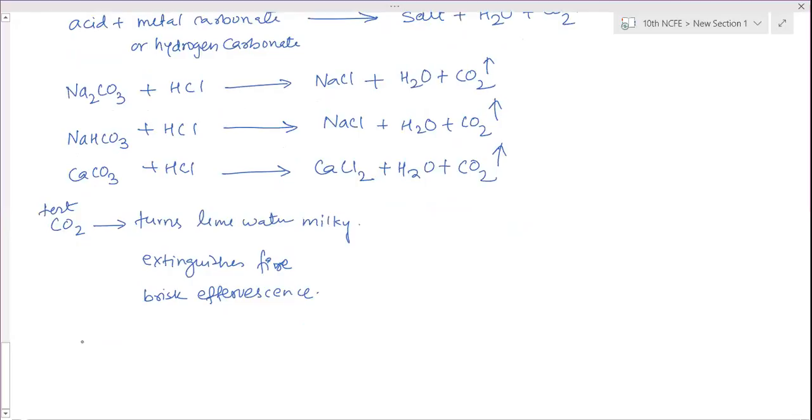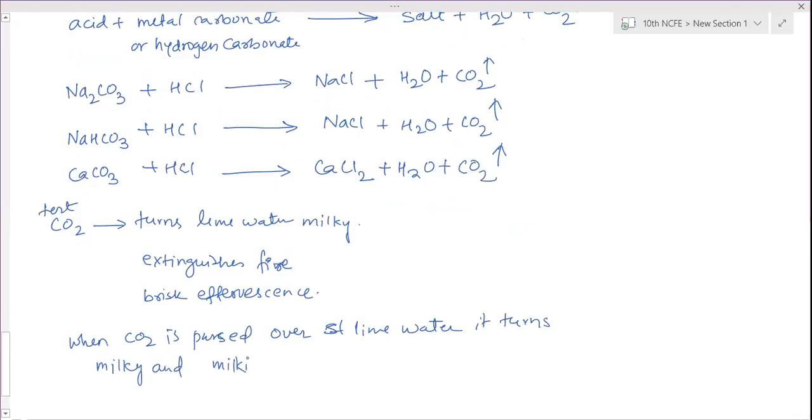In that case, the first one: when carbon dioxide is passed over lime water, it turns milky, and the milkiness disappears when excess CO2 is passed.